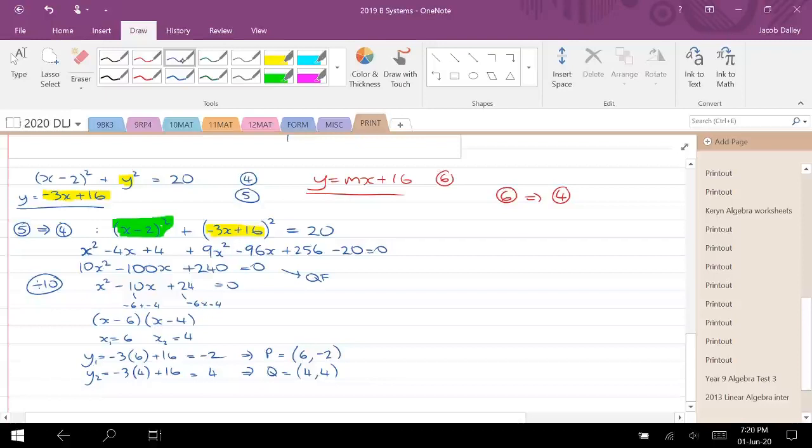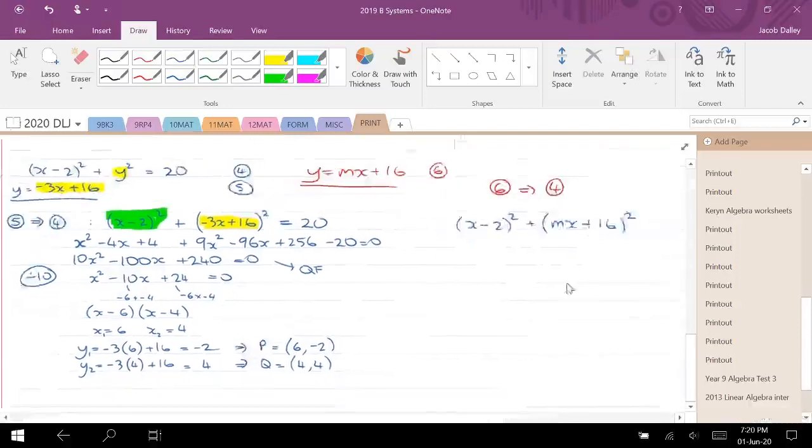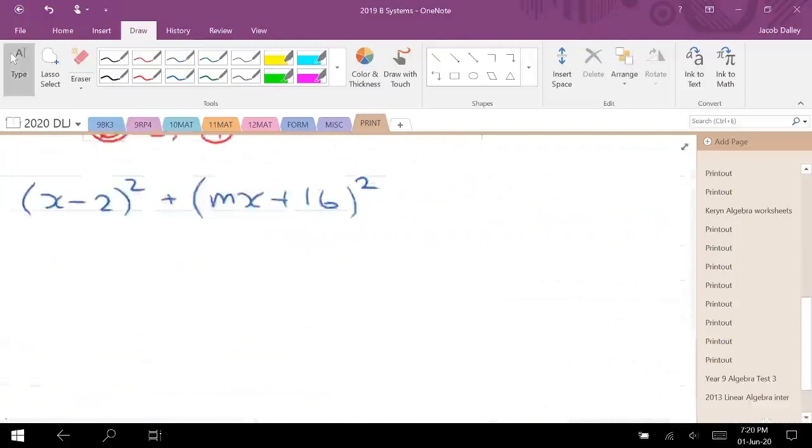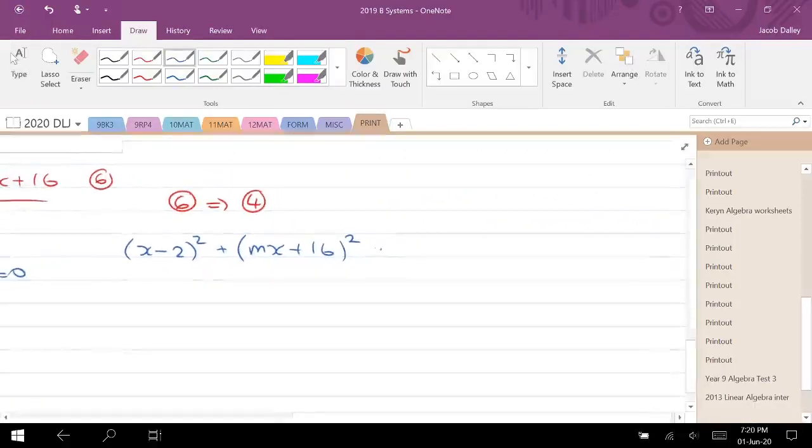So we're going to get x minus 2 squared plus mx plus 16 squared, and that equals 20 still. So we've made the substitution of 6 into here instead of y.